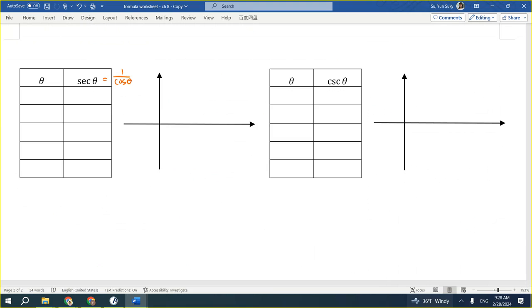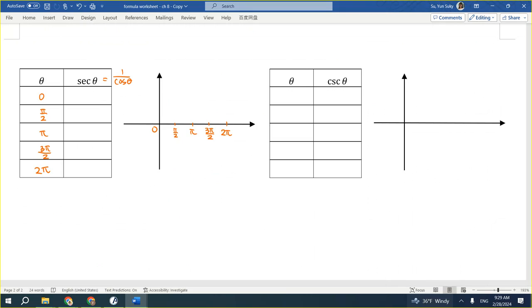So I suggest you draw the cotangent first. Oh, sorry, cosine. So 0 to 2 pi, and the midpoint is pi, and then the midpoint here is pi/2. Here the midpoint is 3 pi/2.